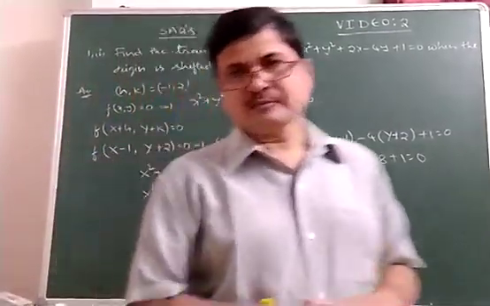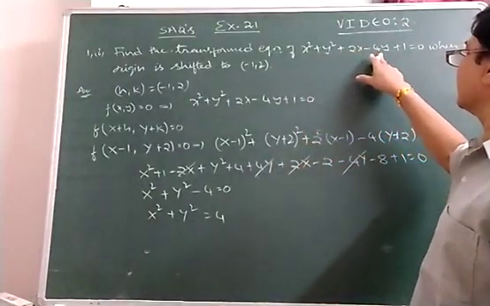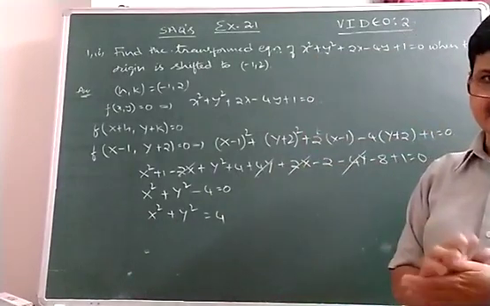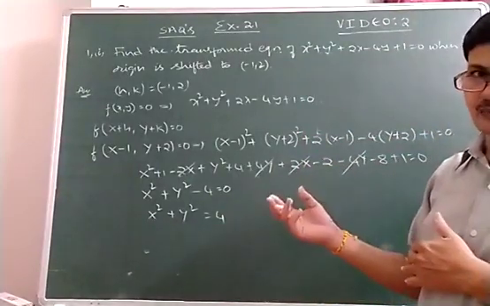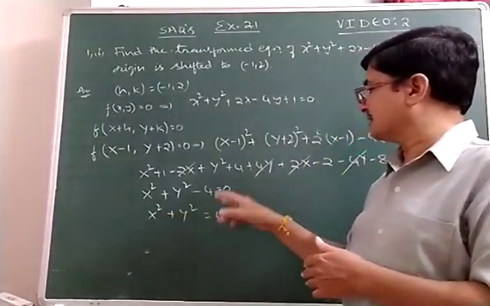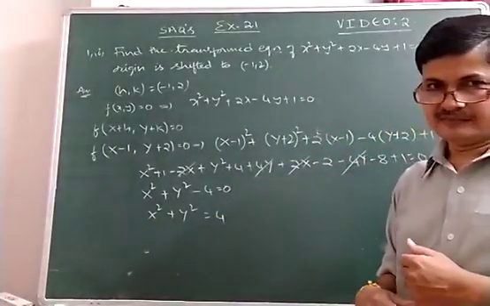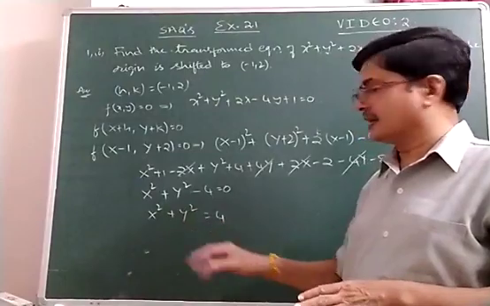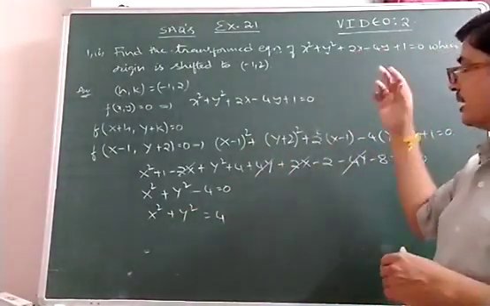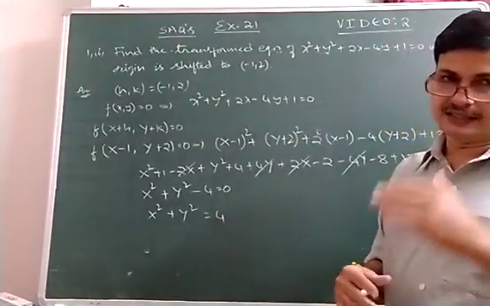Here we observe that the given original equation, x square plus y square plus 2x minus 4y plus 1 is equal to 0, is the general form of a second degree equation. When the origin is shifted to another point, the transformed equation is only X square plus Y square is equal to 4. There is no first degree term in this equation. That means the first degree terms x and y are eliminated. That is the use of shifting the origin.